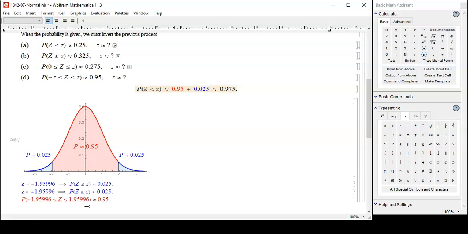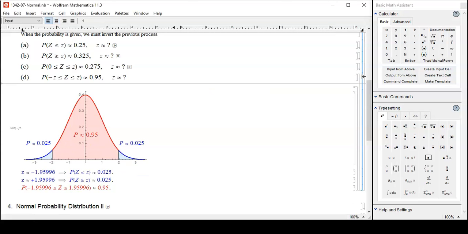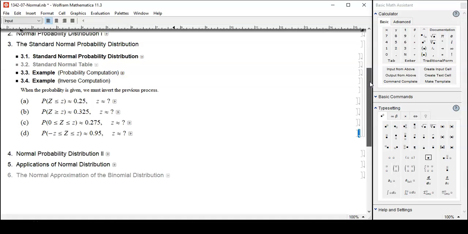Okay, 1.96 is good enough. Z is approximately equal to 1.96. Again, all those are area problems. The details are left to the students.